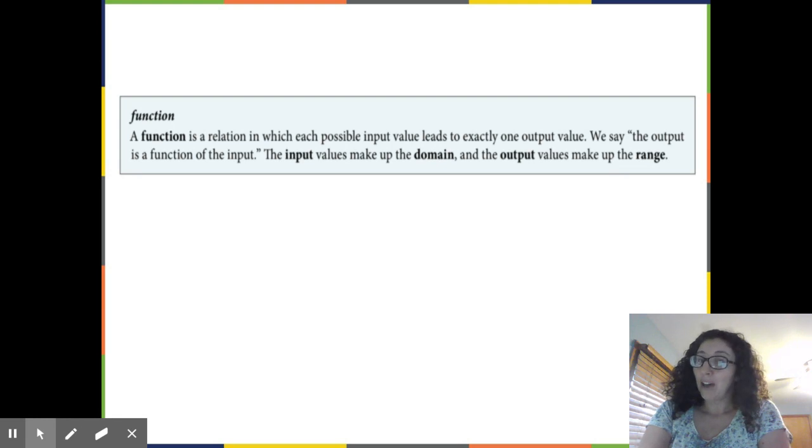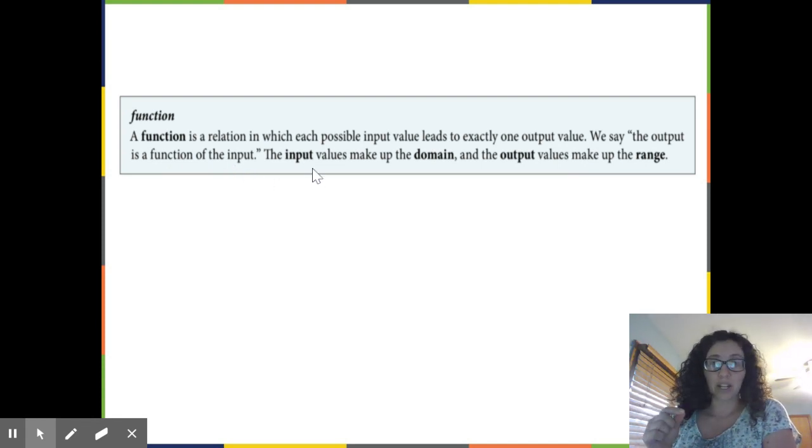Of course, in math, we are usually interested in a very special kind of relation called a function. A function is a relation in which each possible input value leads to exactly one output value. We say the output is a function of the input.